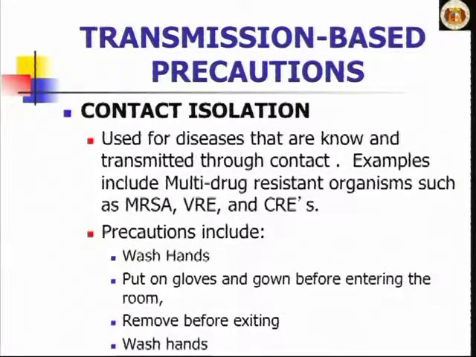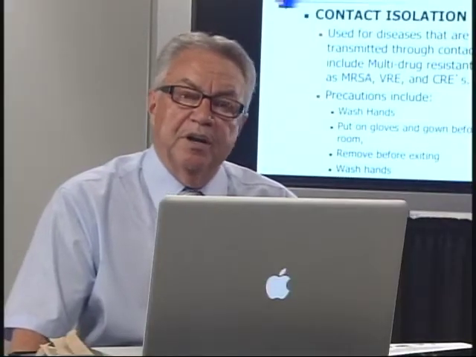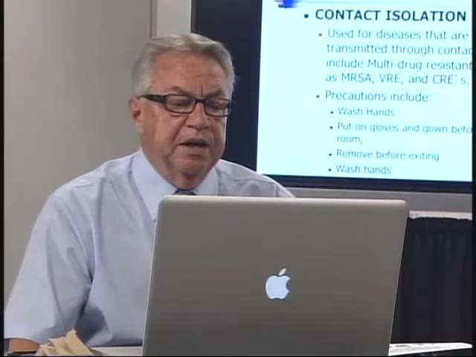Okay. I mentioned the transmission-based precautions, and there are three types. The first one is contact isolation, and we use this for diseases that are known to be transmitted through contact. Examples include multi-drug-resistant organisms such as methicillin-resistant Staph aureus, vancomycin-resistant Enterococci, or carbapenem-resistant Enterobacteriaceae, and I'll talk about them a little bit later because they're the new guy on the block.